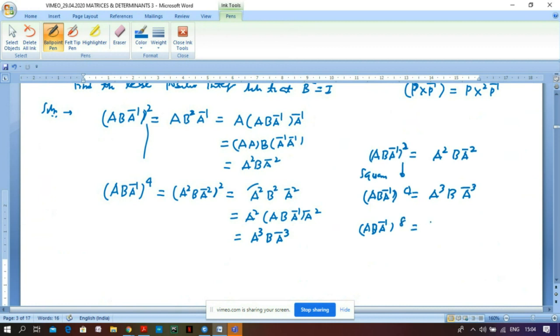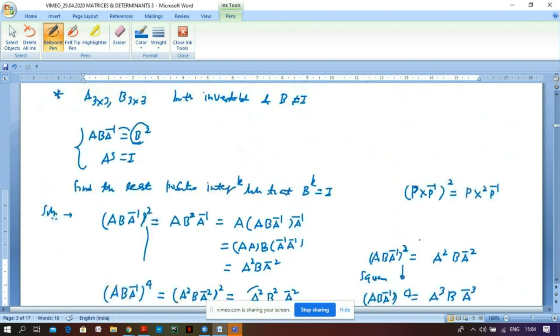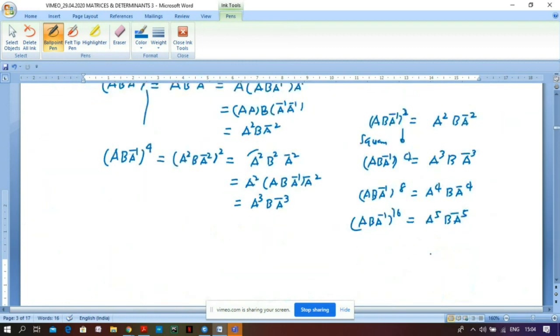So this 8, I'll get A4, B, A minus 4. If I go to 16, 2, 4, 8, 16, I'll end up with A5, B, A minus 5. I did not go further because my quest ends at A to the power 5, my search ends, A to the power 5 equals I. So I know that this is the right place to stop now.